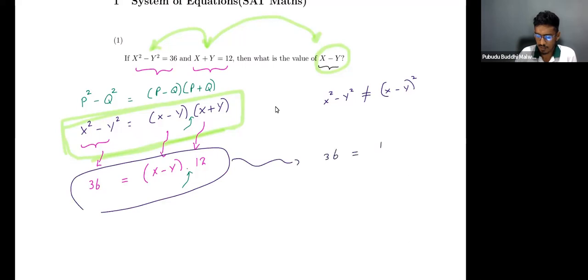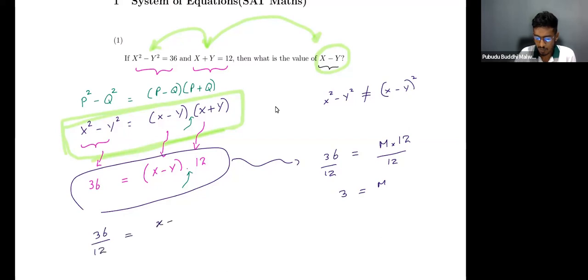So I think here we have a situation like this. 36 equals m times 12, like that. So to compute m, you can divide both sides by 12. Then m equals 3. So in this case, m is x minus y.